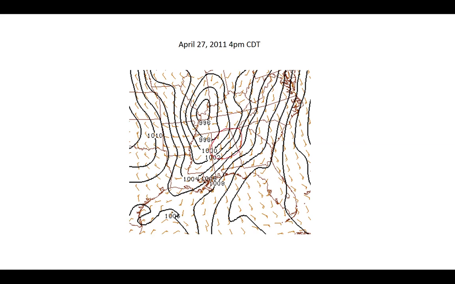One of the things that you're going to want to look for when I say isallobaric flow or isallobaric response, look for the region where these isobars, iso meaning lines connecting regions of equal pressure. So you can see the 1000 millibar isobar right in through here from central Alabama north is kind of the northern extent of the greatest isallobaric response.